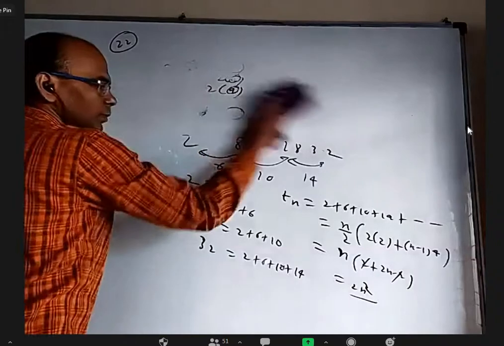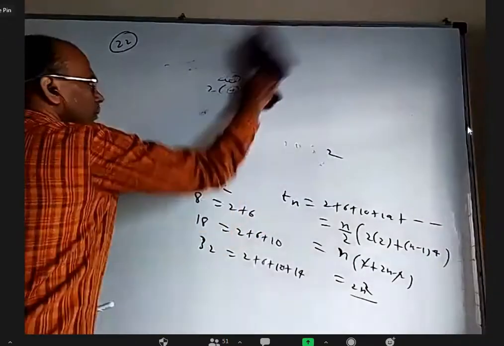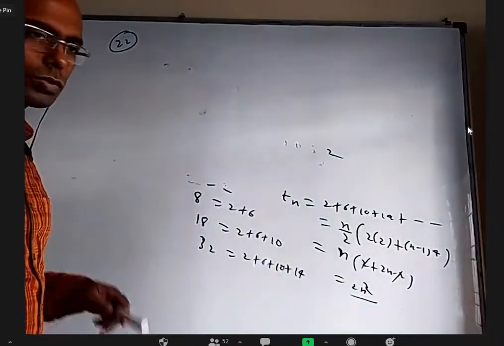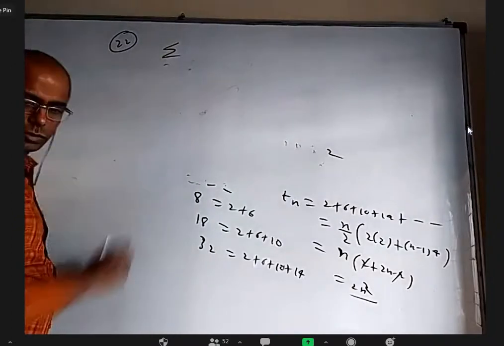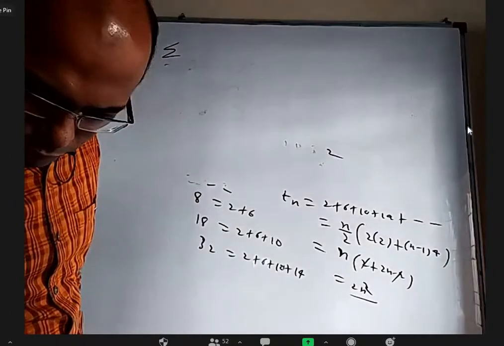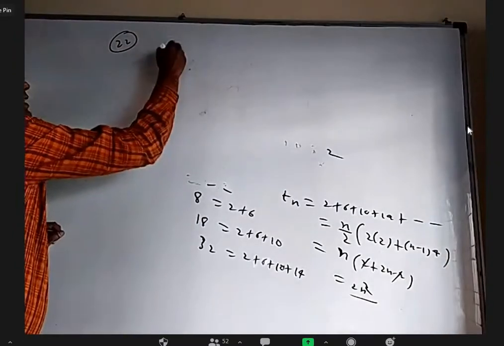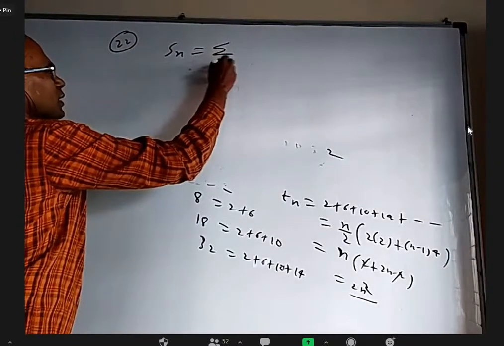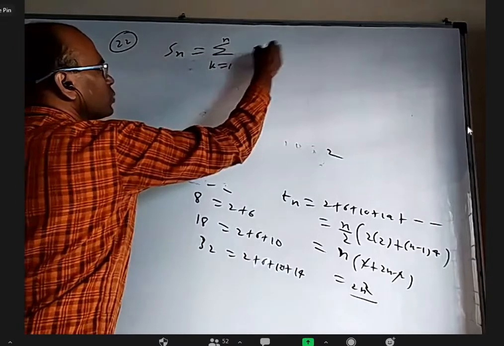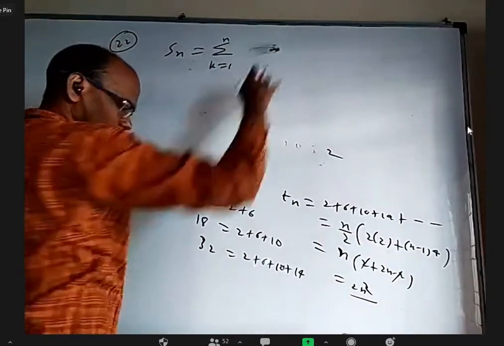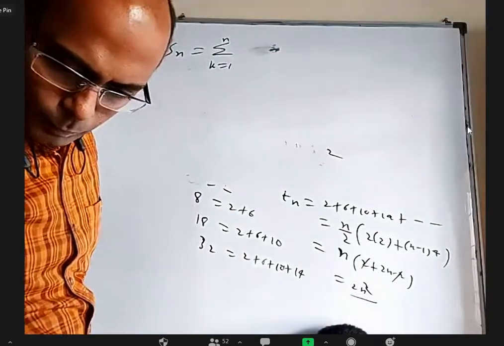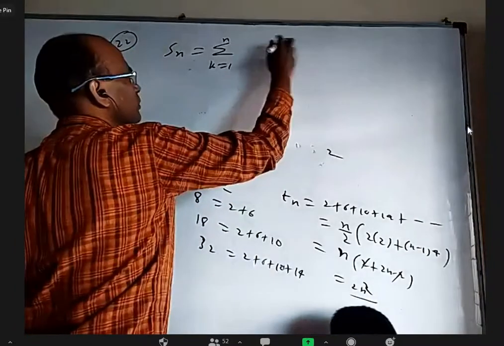So now the whole question is sigma. They wanted up to n terms or infinite terms. They want infinite, but we'll do up to n terms only. Sn is equal to sigma k equal to 1 to n, sorry, cot inverse 2k square.